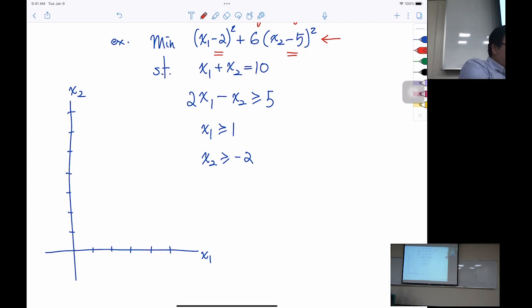This is like the contour of the objective function, and it looks like an ellipse. The center is located at 2 and 5. So that's actually the center of the ellipse.